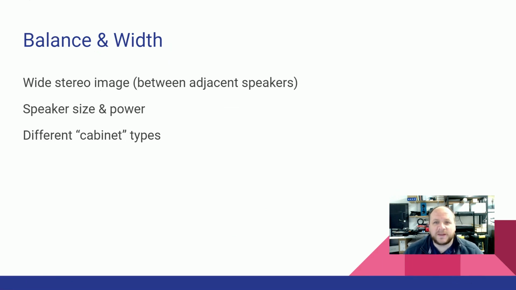Speaker size and power. It's important to know that while you can mix different speaker sizes and power capabilities between different surround elements, you don't want to mix them on alike channels. So for instance, your front left, center, right is the most important three speakers in any surround system.